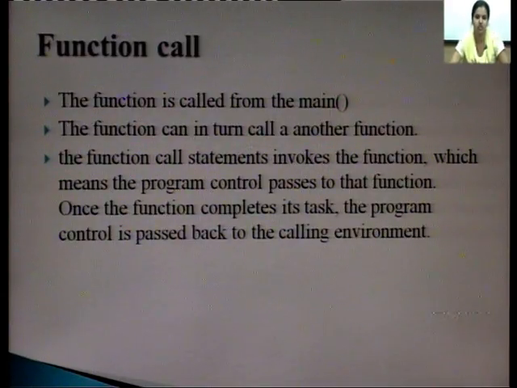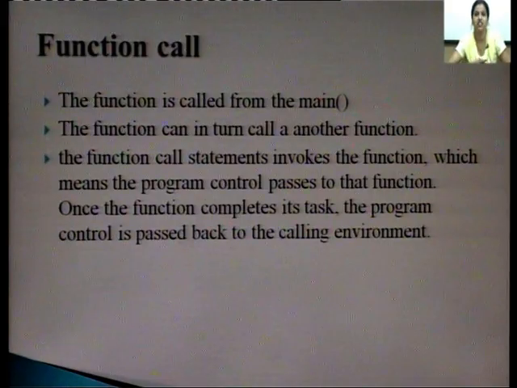Now we come to the next topic, function call. A function is called from main. The function can in turn call another function. One function can call another function within it, like we call one function, in the same function you can call another function.